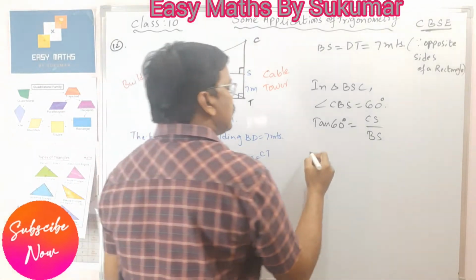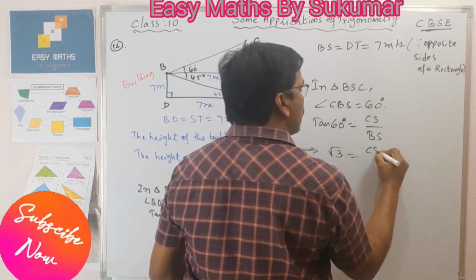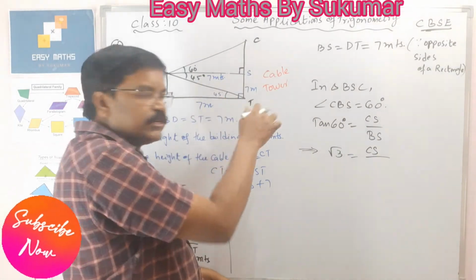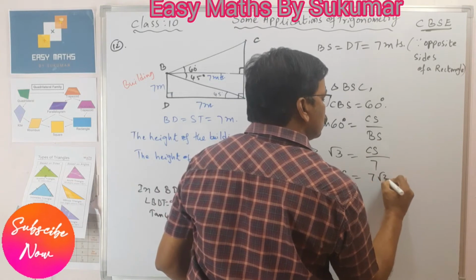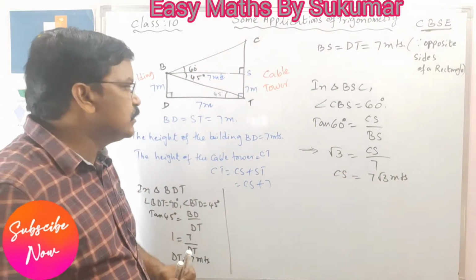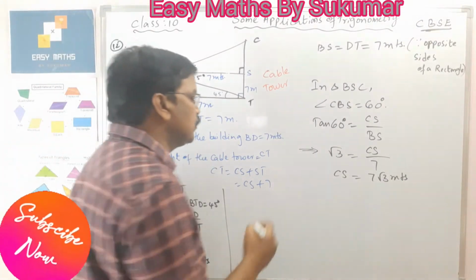Okay. So what is tan 60? This root 3 is equal to CS, which is unknown, divided by BS, which is 7 meters, equal to DT. So CS is equal to 7 root 3 meters. So my dear students, we have to find the height of the cable tower.